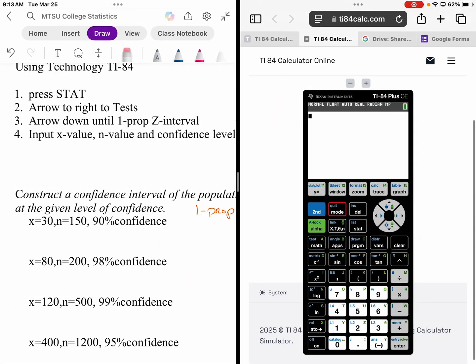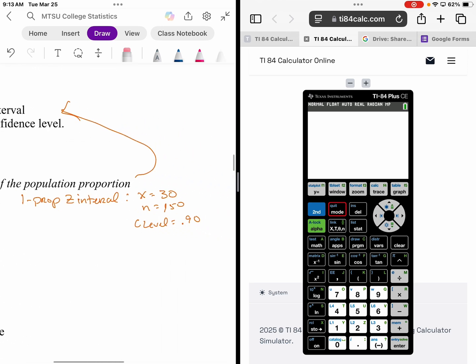Just to give us practice finding that, we press stat, go over to test, down to option A, one prop Z interval. Our X value is 30, our N is 150, and our confidence level is 0.90. And then I hit enter.